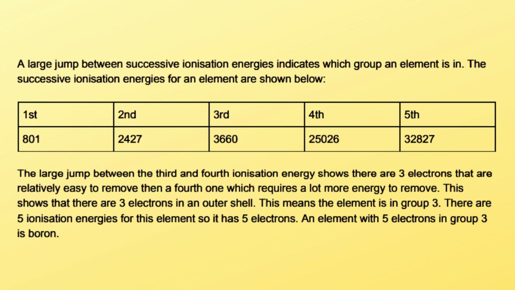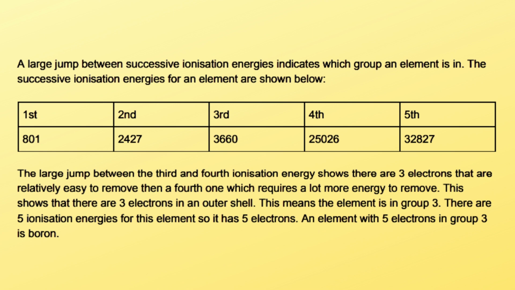This gives you an idea that there are 3 electrons in the outer shell. This means that the element is in group 3. Because from the third to the fourth there is a large jump in the ionization energy, this element is in group 3.